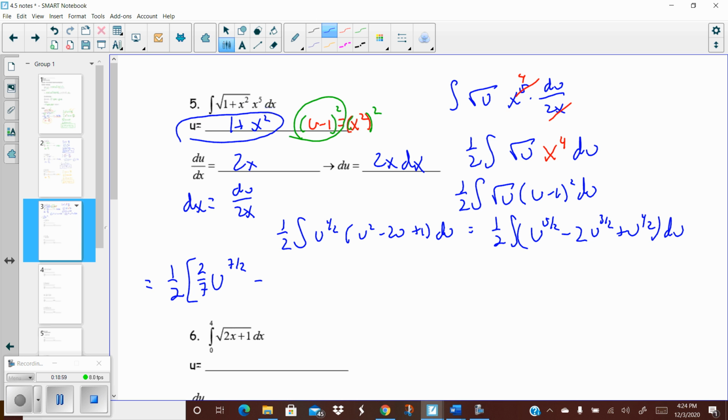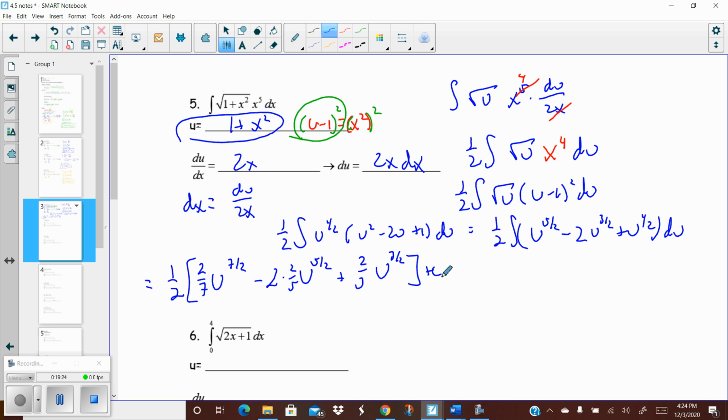Minus u to the 3/2 will become u to the 5/2. Dividing by 5/2 is multiplying by 2/5. Oops, forgot my 2. So then times 2/5. And then the last one, u to the 1/2 becomes u to the 3/2. Dividing by 3/2 is multiplying by 2/3, plus c.